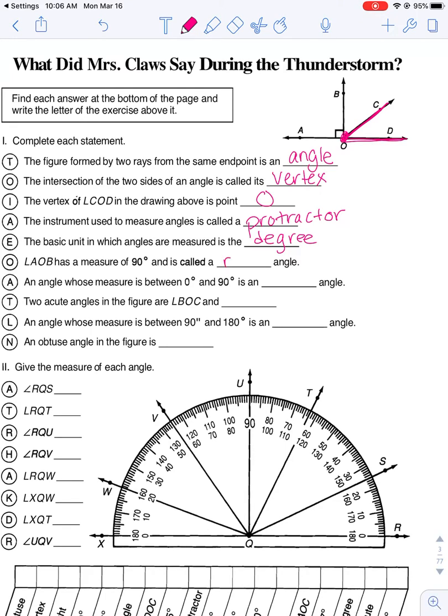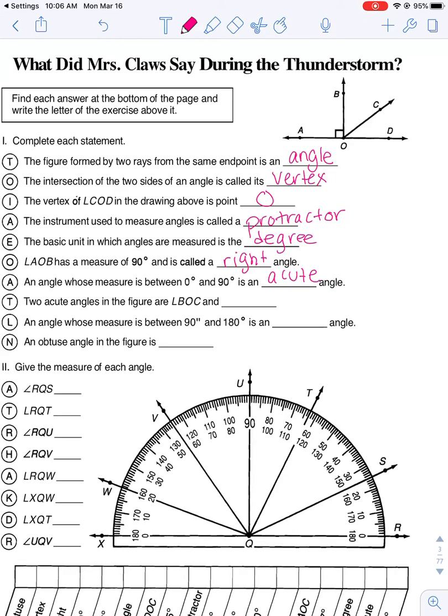If it has a measure of 90 degrees, then that means it's a right angle. And you can see that in the picture, they denote it being a right angle with this little square. That means right angle. An angle whose measure is between 0 and 90 degrees is called acute.